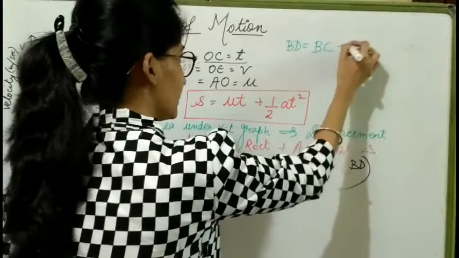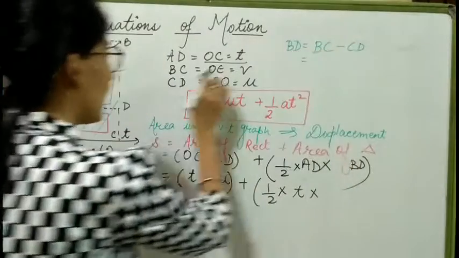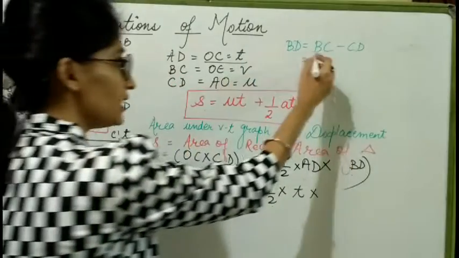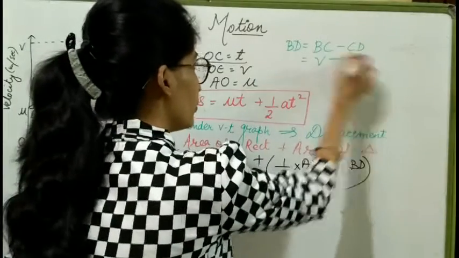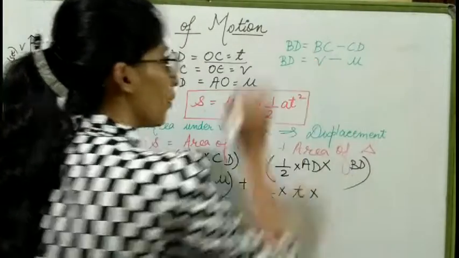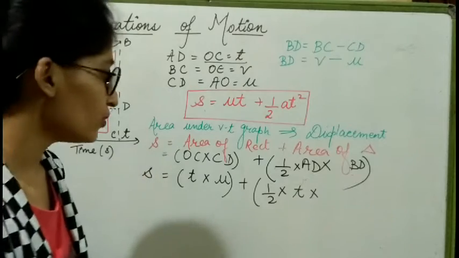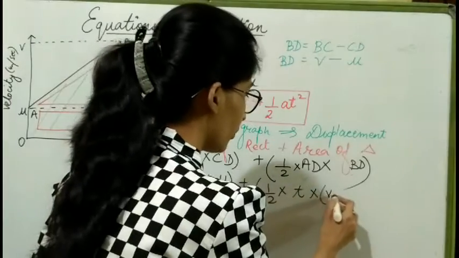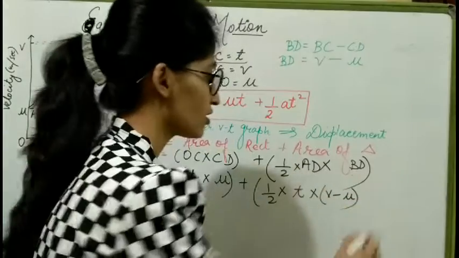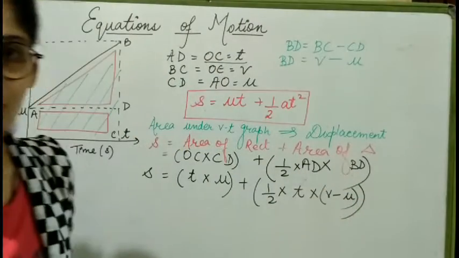BC is equal to V and CD is equal to U. So our BD is V minus U. In the place of BD, I am going to write V minus U.